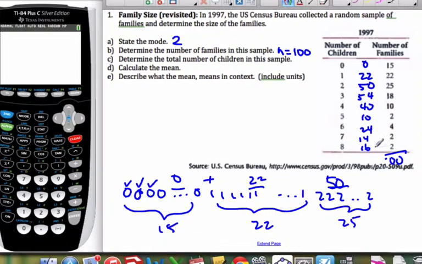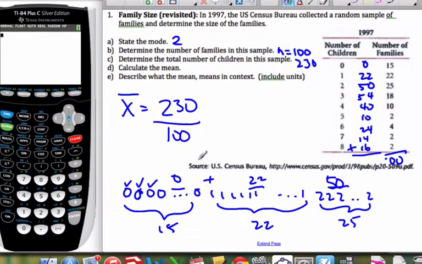Multiplying these two columns gives me the number of children. And I want to add them all up to get the total number of children. When I add them, I end up with 230 children. So when I want to find the mean number of children, x bar, I take the total number of children, 230, and divide it by the number of families, which is 100, which is then 2.3 children.